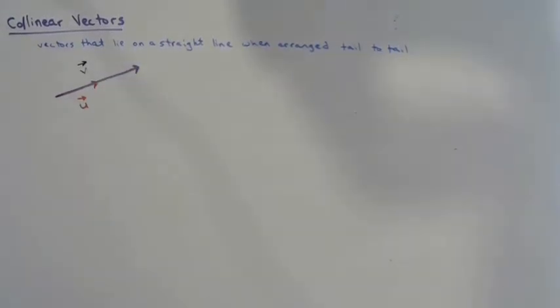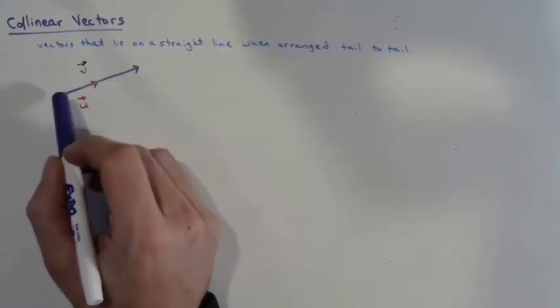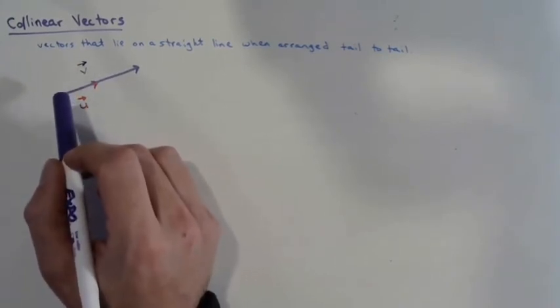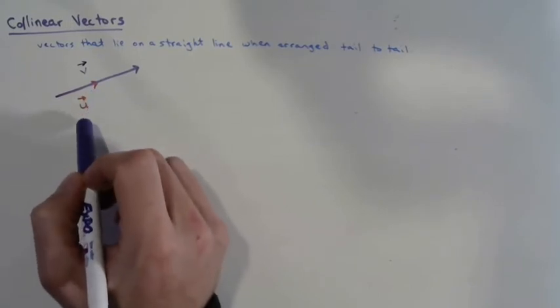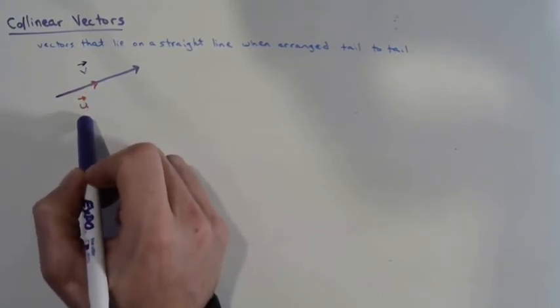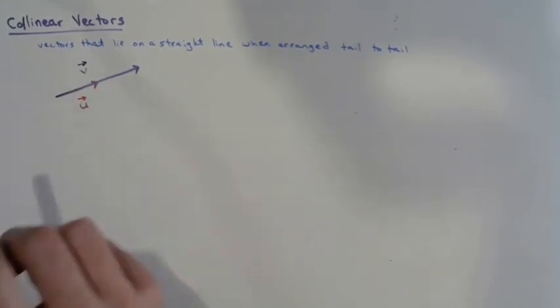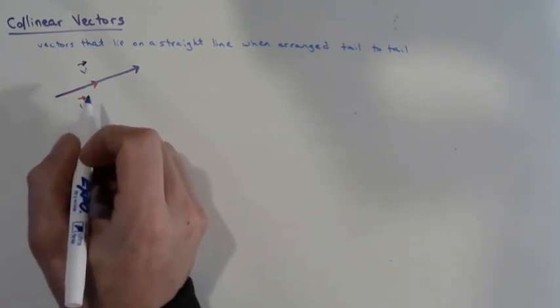Okay, so they're collinear, they lie on the same line, they're arranged tail to tail, but they're parallel, they're going the same direction, so they lie right on top of each other. In this case, these are always going to be multiples of each other. You could always take u and multiply it by a scalar factor in order to get v, and same to get from v to u. They're also heading the same direction, in this case at any rate.